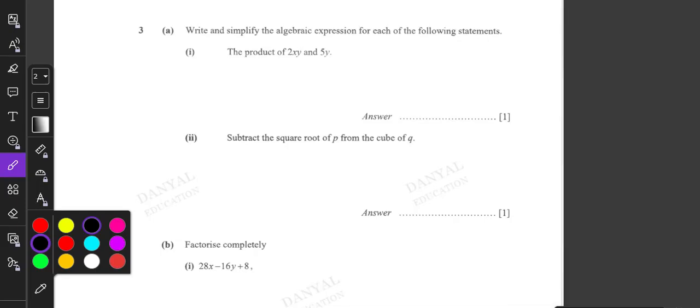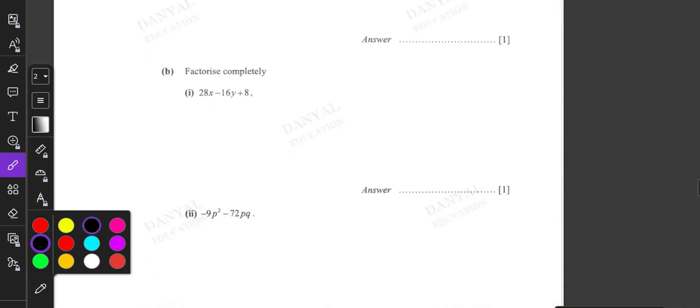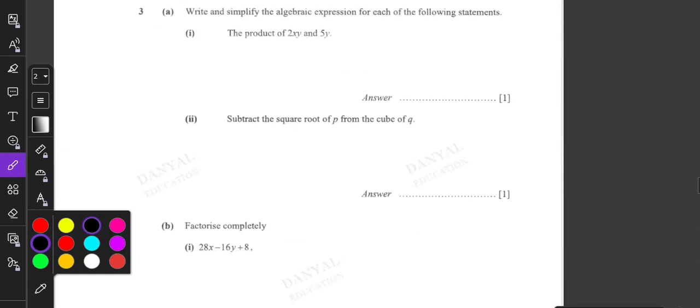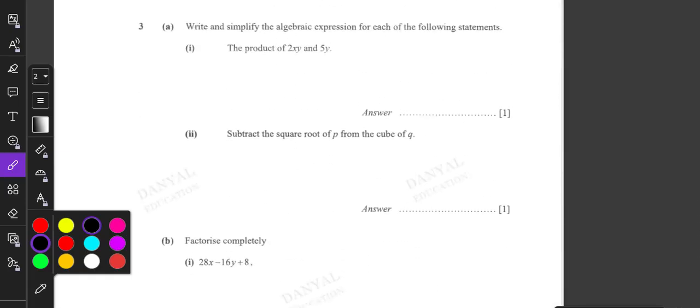Okay, write and simplify the algebraic expression for each of the following statements. This will already be, I think, the last question for the day. Okay, for everything. So let's start with 3a. 3a is a very simple question.